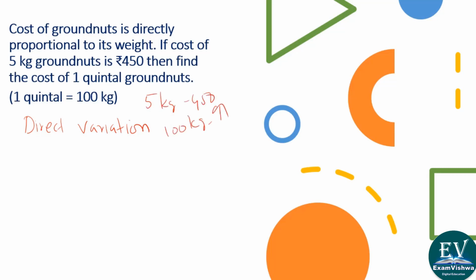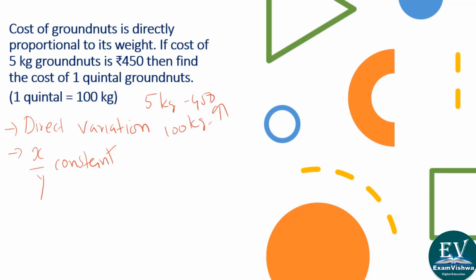We also know that if it is a matter of direct variation, x upon y is a constant. We can take anything as x here. Suppose we want to find the cost for 100 kilograms.